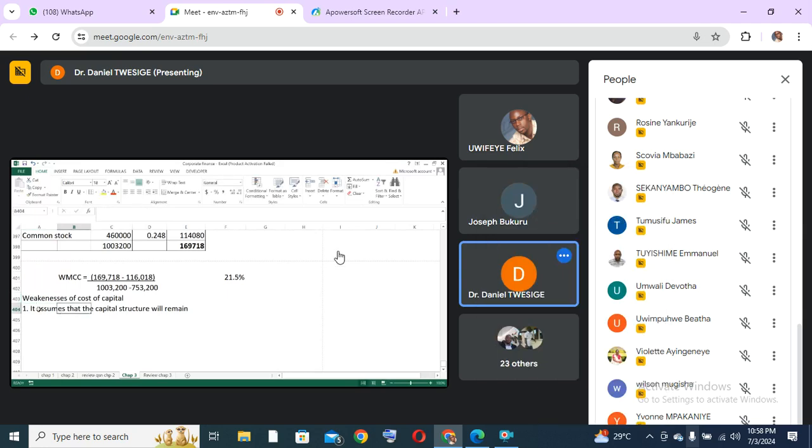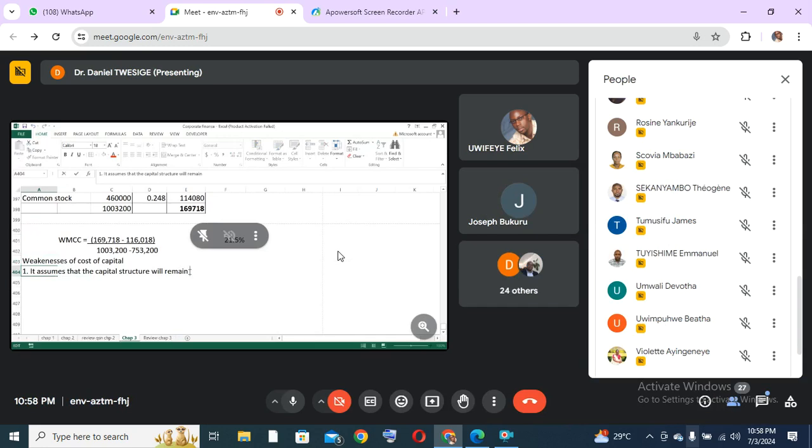Of cost of capital. It assumes that the capital structure will remain unchanged. So the title will also be weaknesses of cost of capital. When we say cost of capital, of course, we are talking about the WACC.